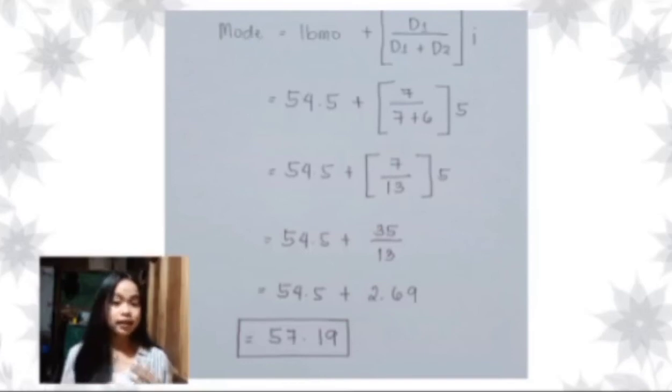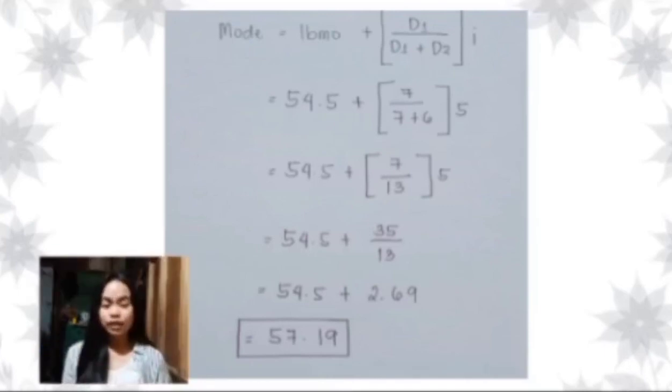The modal class frequency is 21, and the upper class of 21 is 14. For D1, we subtract the upper class, 14, from the frequency of the modal class, 21. So 21 minus 14 is equal to 7. The value of our D1 is 7.